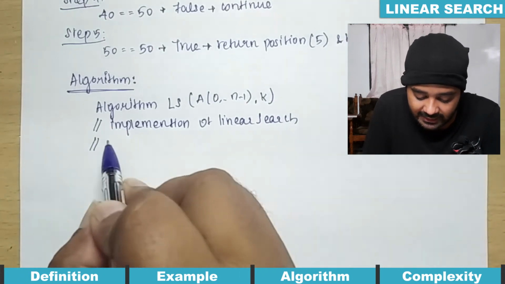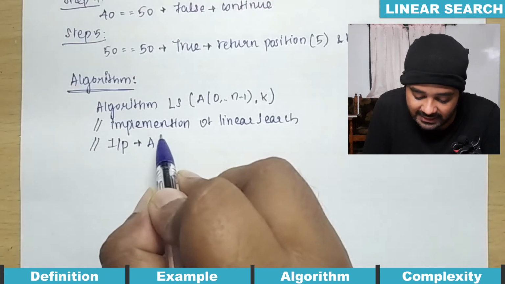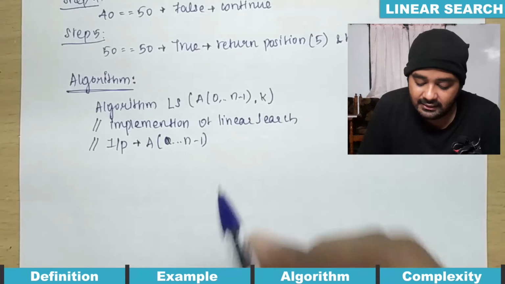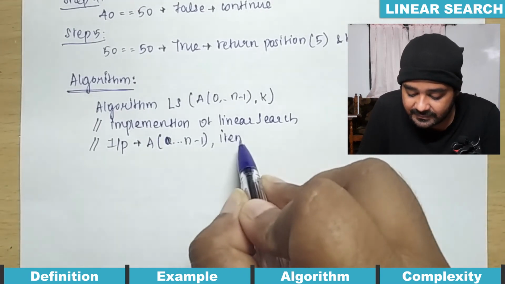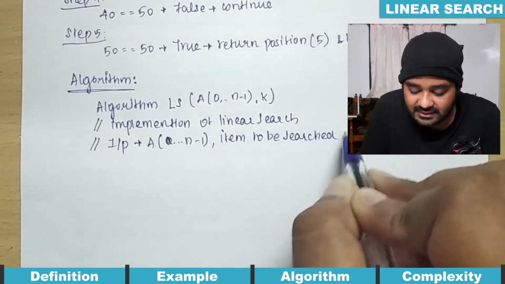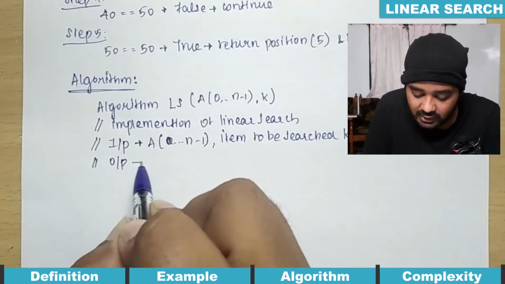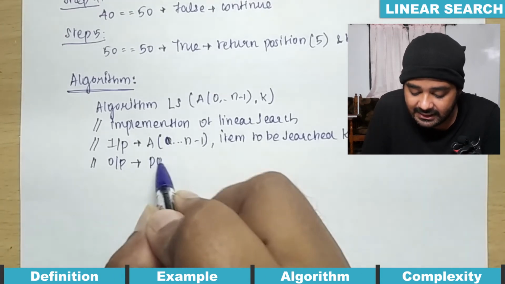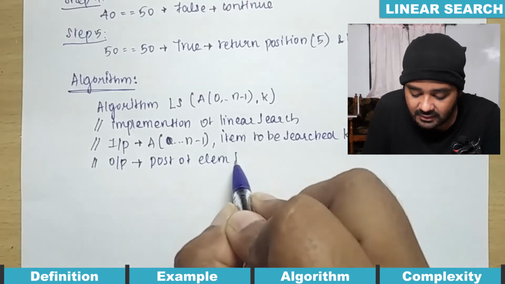So this algorithm is going to be the implementation of linear search. The next thing I have to do is mention the input. So what am I giving as input? For the input I give a list of n numbers, which is A of 0 to n, and then the item to be searched. The item to be searched is what I have mentioned as k. Next I'll move on to the output. What I will get as output is the position of the element found.